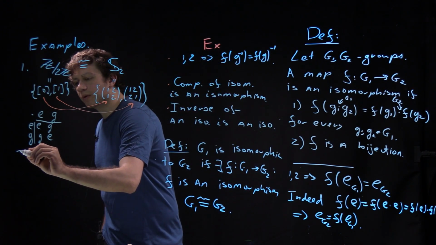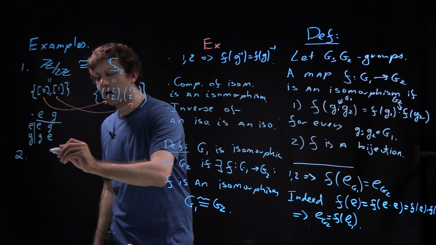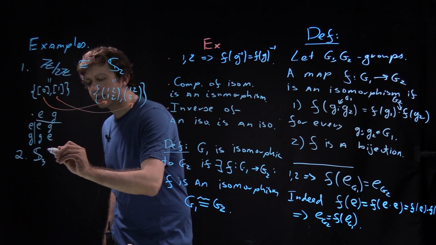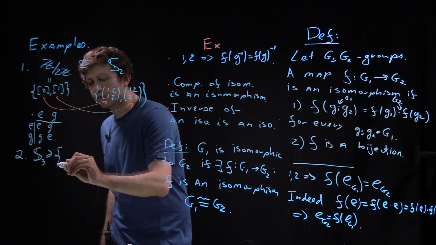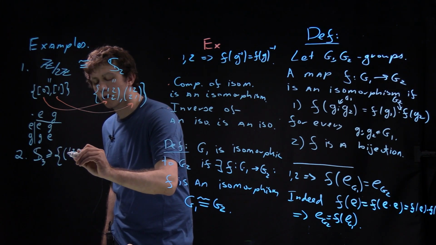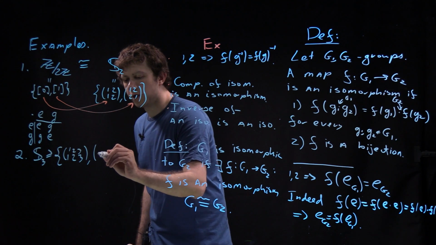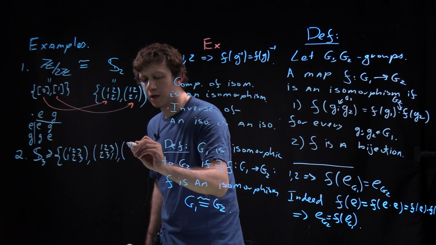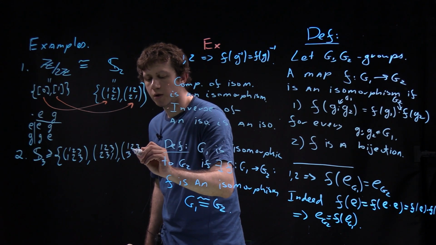So the second example is that, remember, we had this G being S3, and it had a subgroup consisting of 3 permutations: 1, 2, 3; 2, 3, 1; and 3, 1, 2.